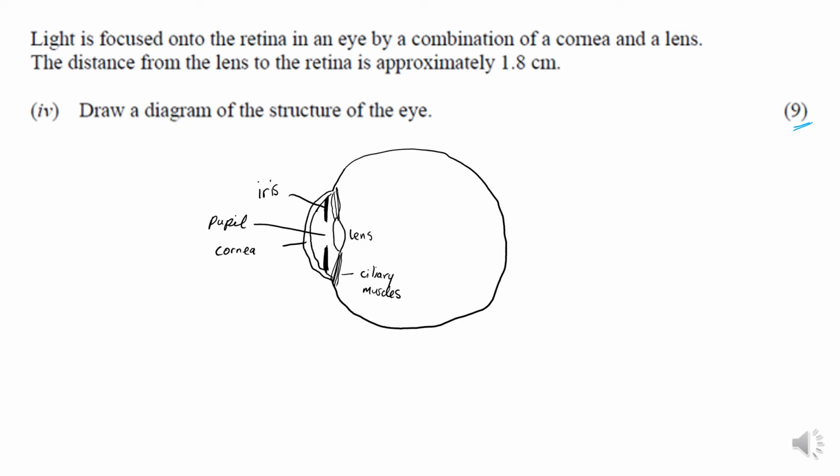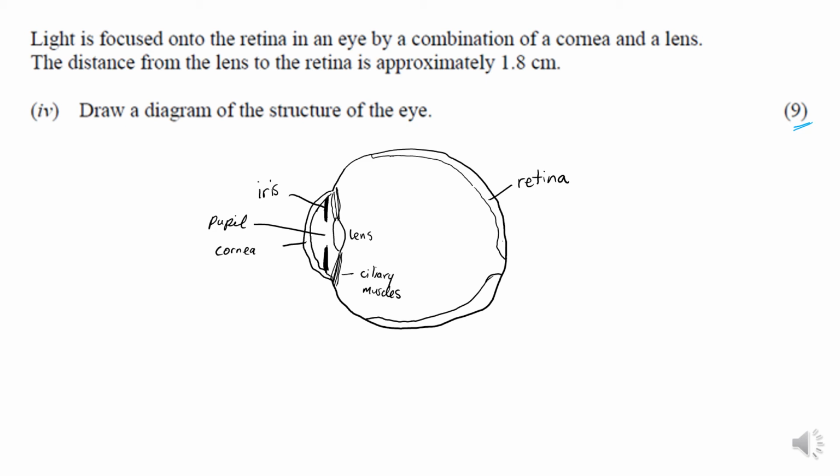Okay, now there's loads of other parts which you'll learn if you're doing biology, but the next most important for physics is the light sensitive layer made up of photosensitive cells at the back of the eye, and there's a gap there at the very back. Alright, and this is known as the retina.